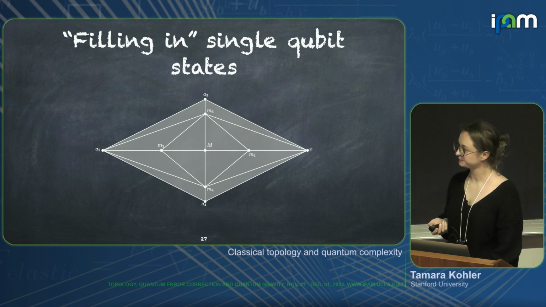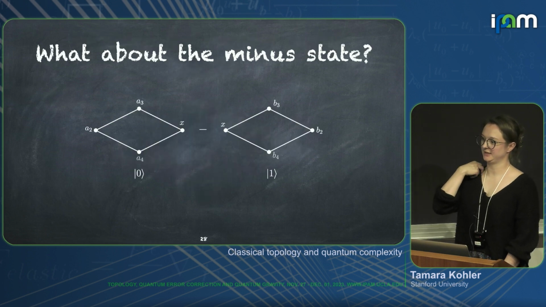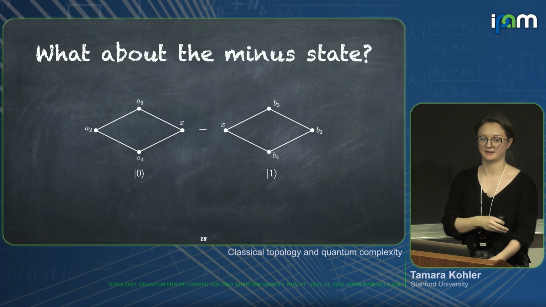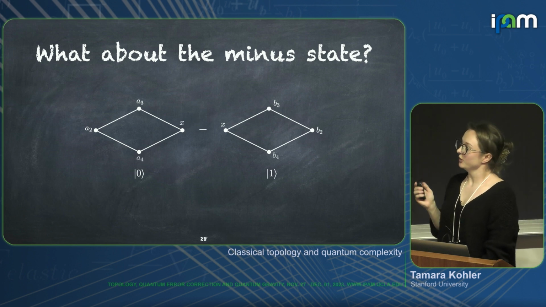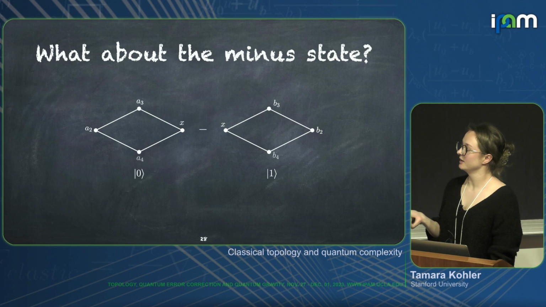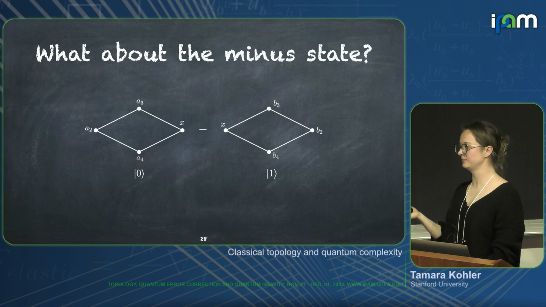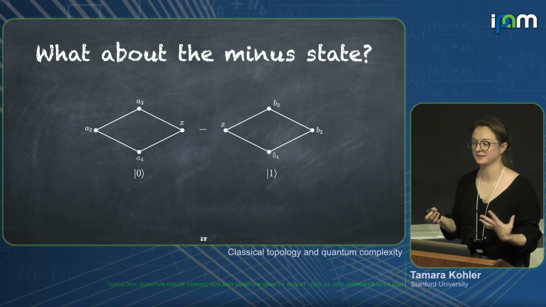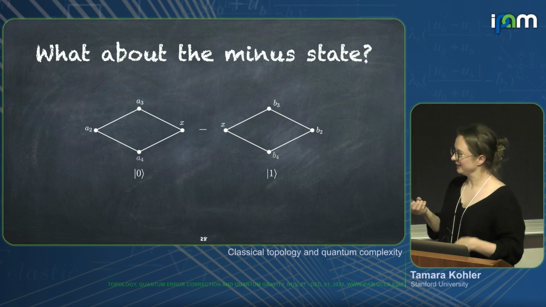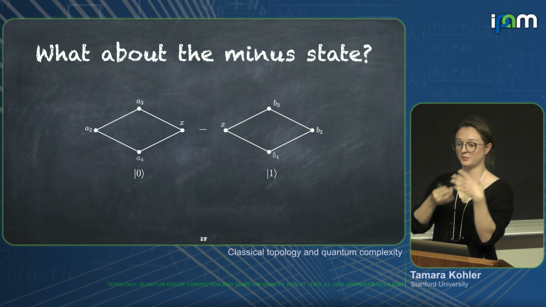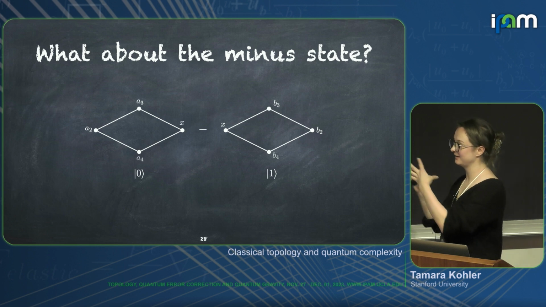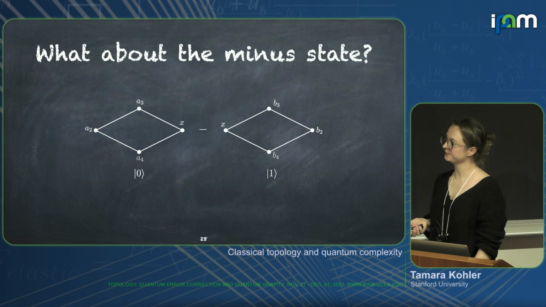What next? Things get a little bit more complicated when we're not dealing with computational basis states anymore. So what are we going to do? What we're dealing with is this minus state. So we've got the 0 cycle minus the 1 cycle. What does that mean? That means we need to construct some object such that this is the boundary of that object.